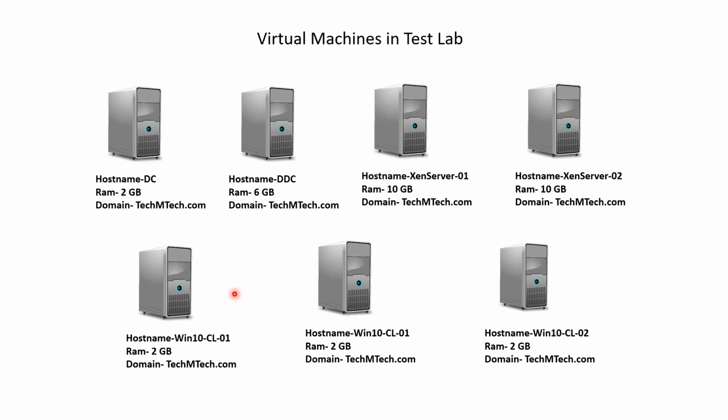And these two machines, Windows 10 client CL01 and CL02, are the client machines or end user machines. With these two machines, we will try to access our resources. So all of our virtual machines will be hosted on these hypervisors, and with the end user device, we will be able to hit the infra.